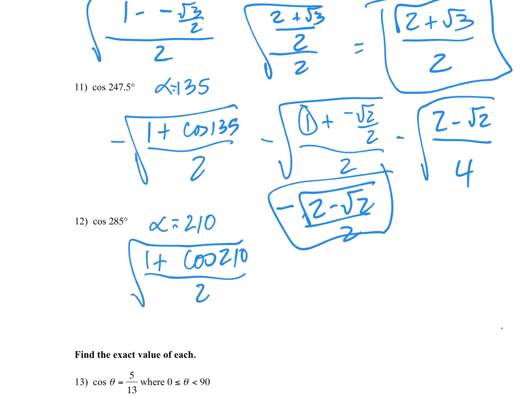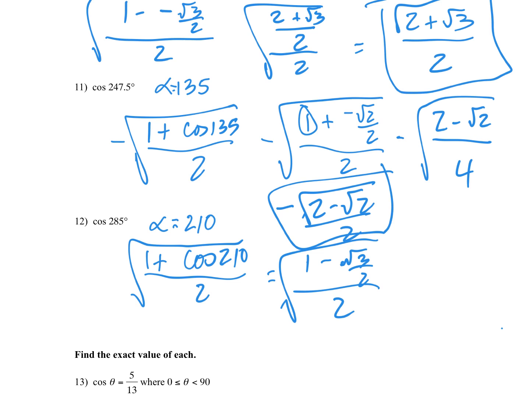And 285 is in the fourth quadrant, because 270 is straight down. So 285 is in the fourth quadrant, and your cosine here is going to be positive, so you don't have to worry about the sign on this one. And what is the cosine of 210? It is negative root 3 over 2, so it's 1 minus root 3 over 2 over 2, all under the radical.